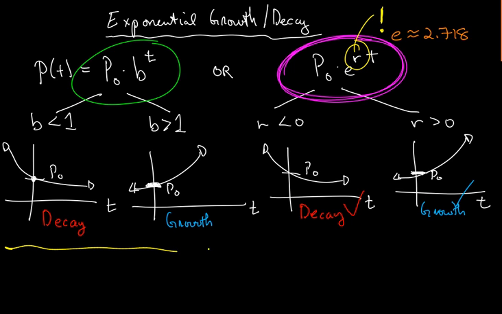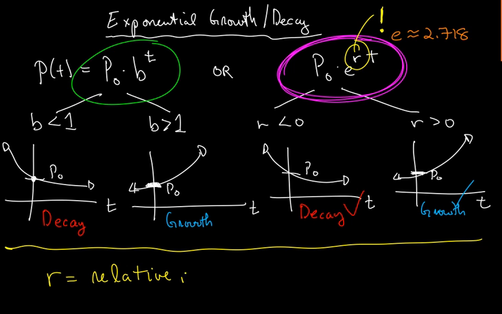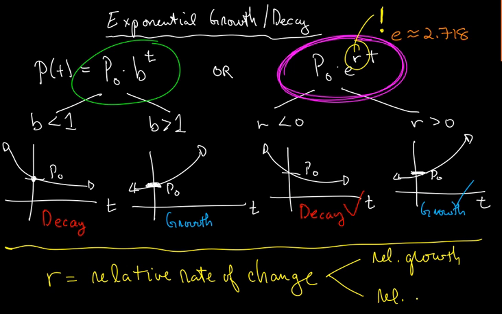But in general, it represents the relative growth rate, the relative rate of change. When r is positive, it represents the relative growth rate, and when r is negative, it represents the relative decay rate.